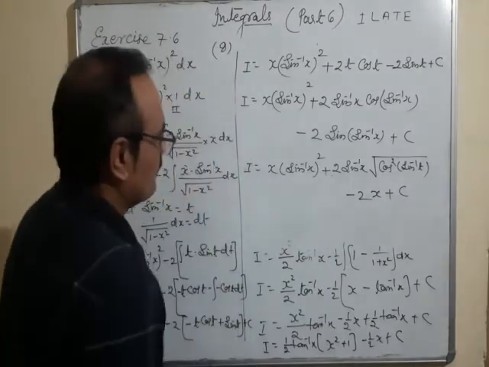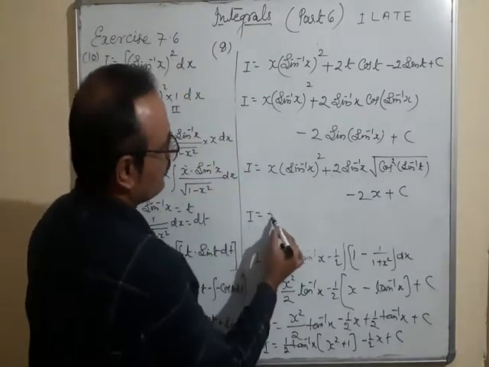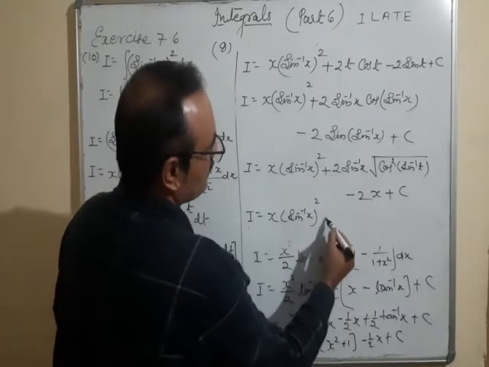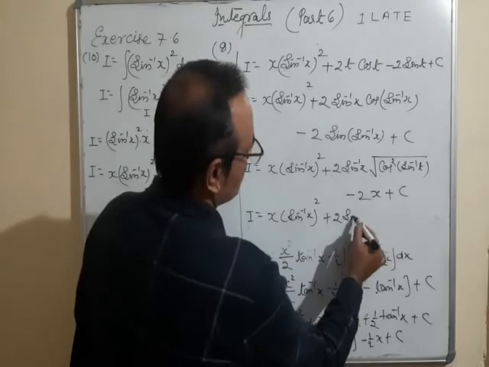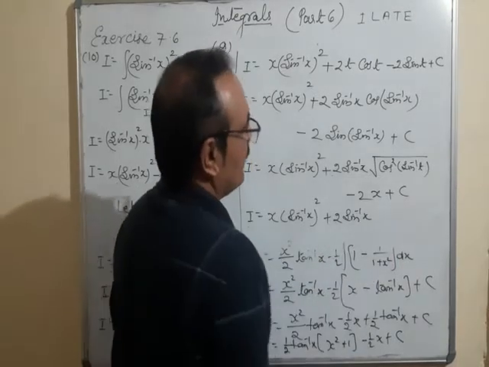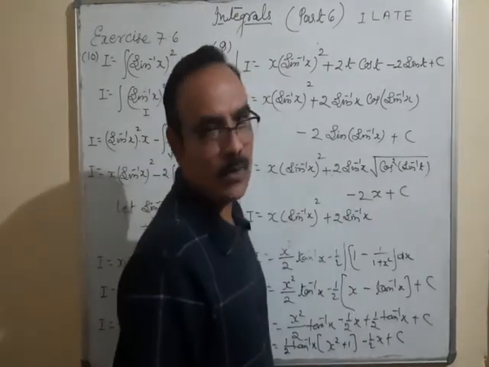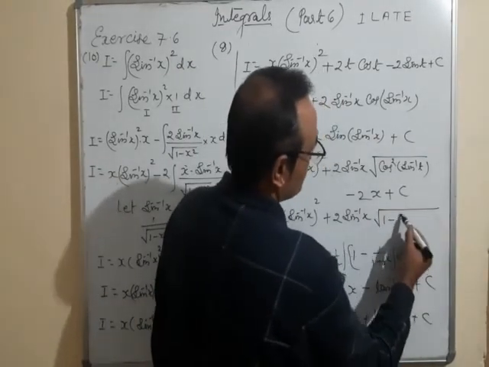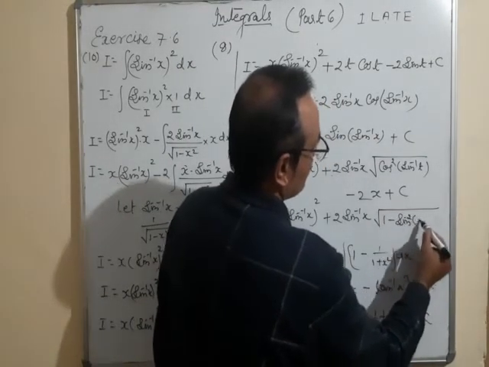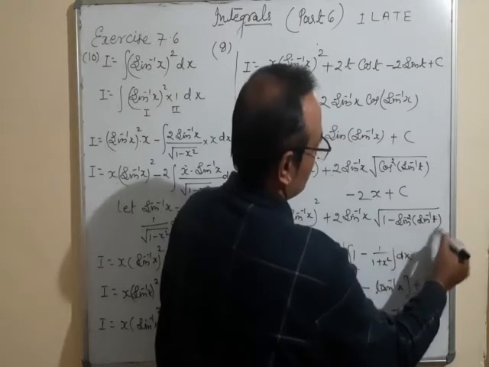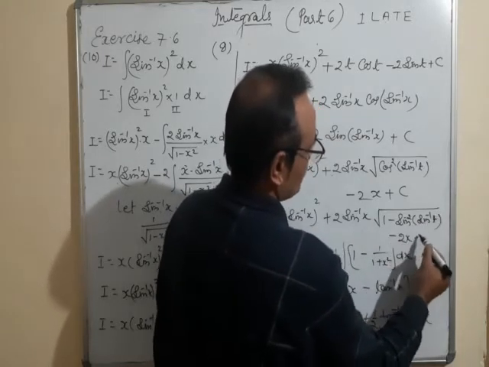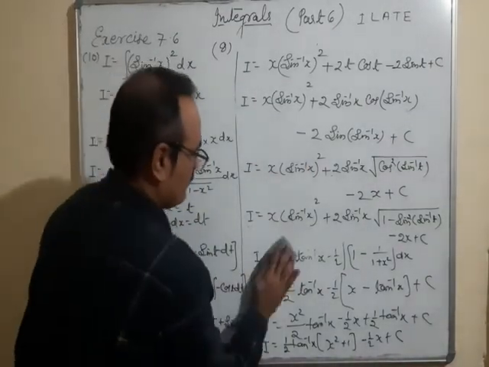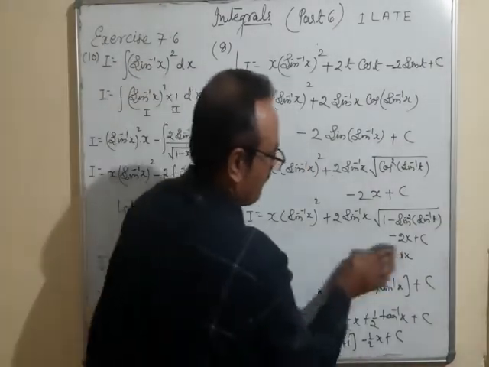After that, I is equal to x (sin inverse x)^2 plus 2 sin inverse x, and cos square can be written 1 minus sin square, under root 1 minus sin square of sin inverse t, minus 2x plus c.